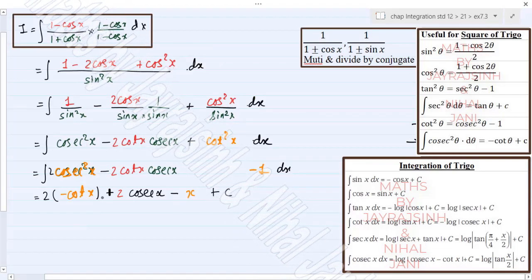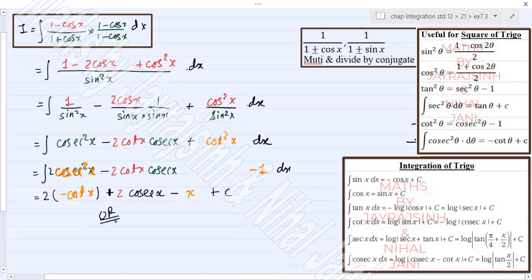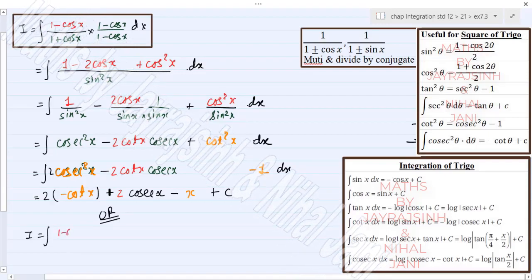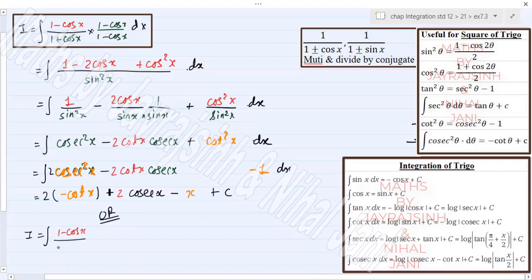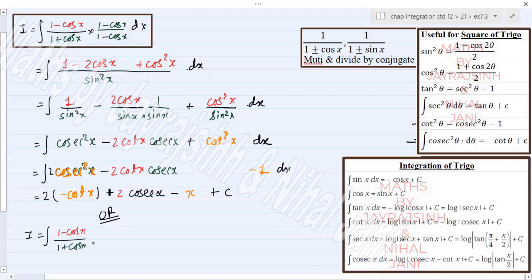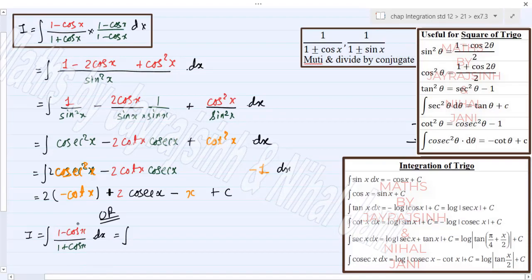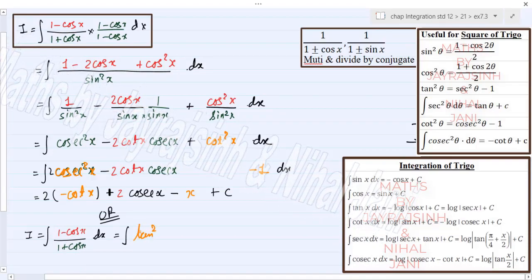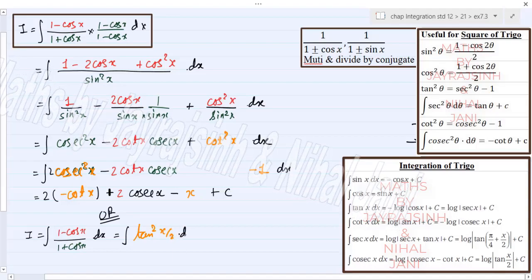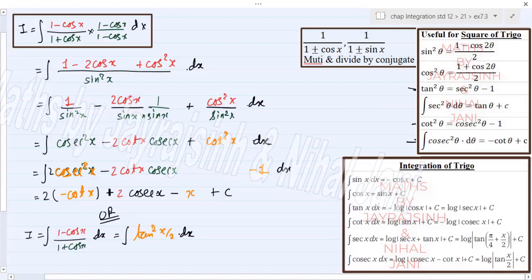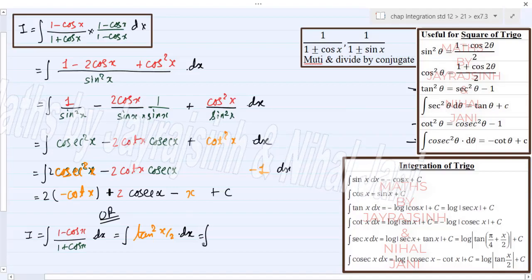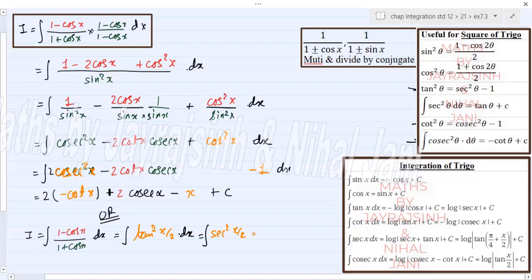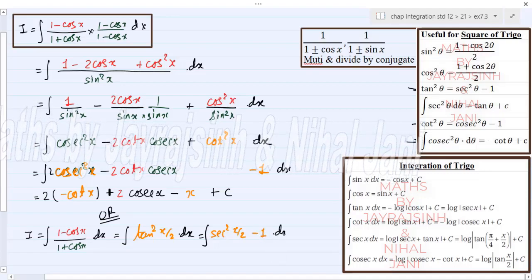We can solve the same question in a different way. Our question is integration of 1 minus cos x upon 1 plus cos x, and we can convert 1 minus cos x upon 1 plus cos x as tan square x by 2, and to integrate tan square theta we have to convert into sec square theta, or we can say sec square x by 2 minus 1.